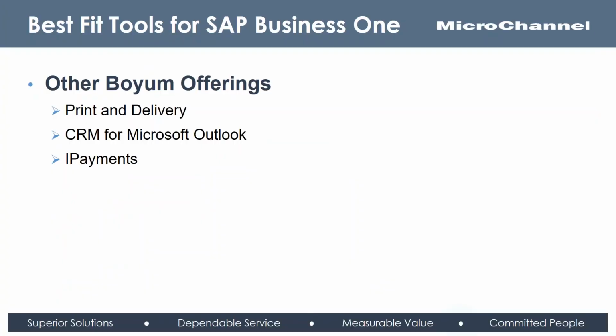There are some other offerings from the Boyum company. We won't have time to go through the functionality today, but we are going to mention them. The first one is print and delivery. And with print and delivery, there's two basic parts to it. The first part is a replacement of the standard SAP print direction.